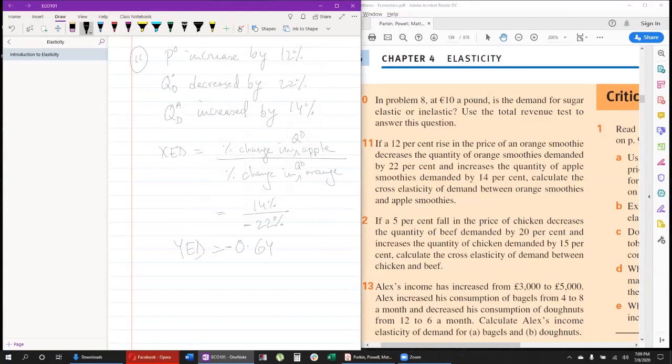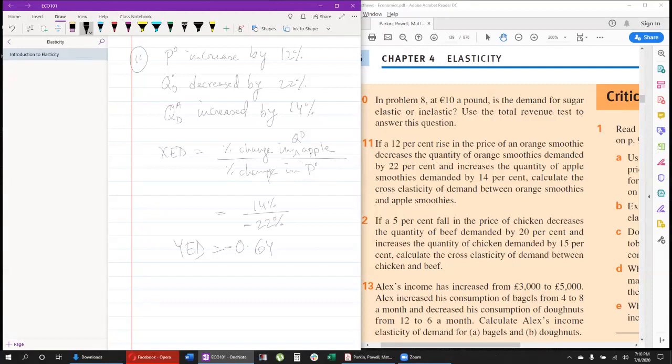So what does that mean? First of all, there is a negative sign, which means that apples and oranges are substitute goods. If price of, oh no, I've made a mistake. I've used the wrong formula, of course. This is percentage change in price of oranges.